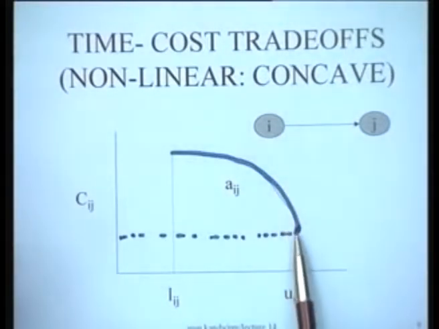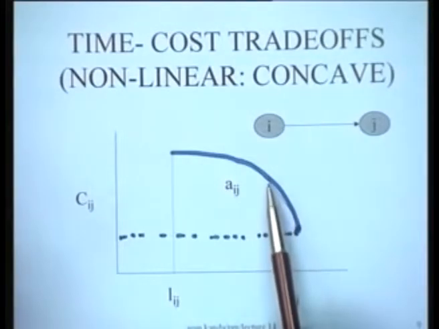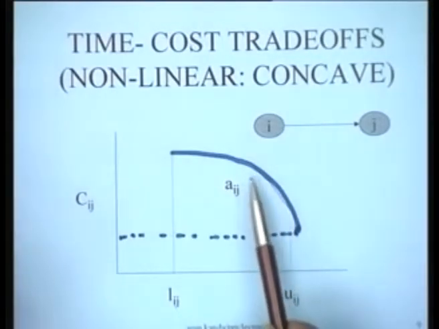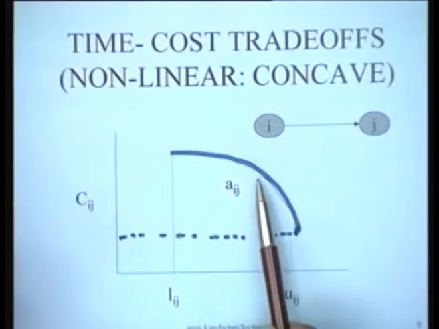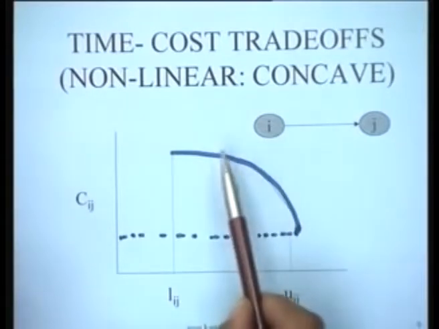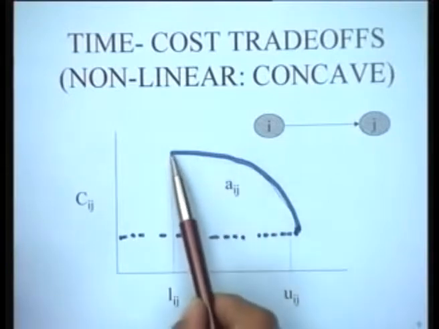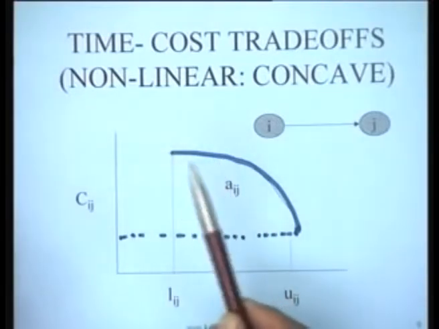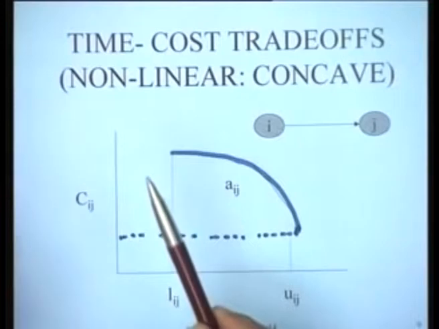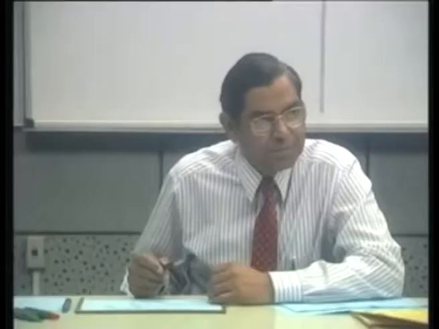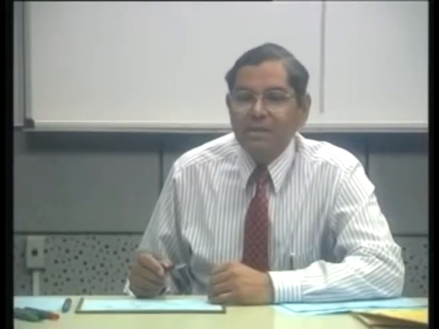But once the duration gets reduced slightly, people become more and more addicted to that reduction, and they want more and more of that reduction. This is very much like the introduction of computers in banking, for instance. Initially there was a reluctance, and the employees of the banks went on strike and said we don't want computerization.